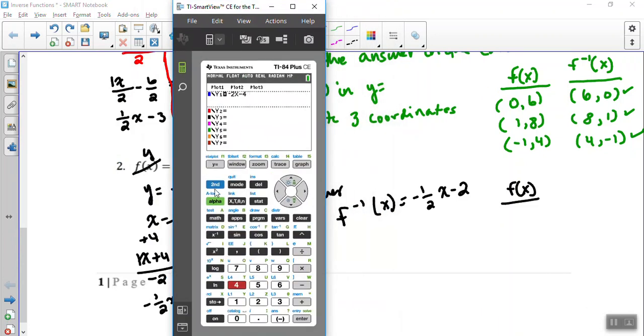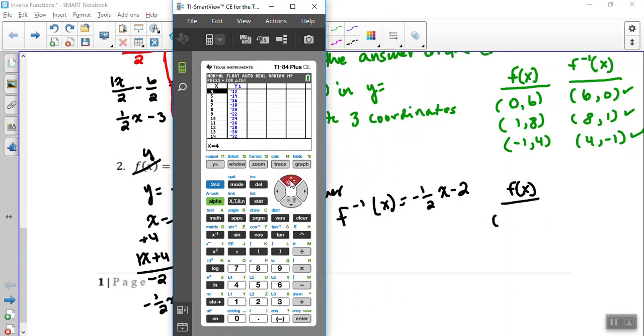And then I'm going to go to my table, and I'm just going to write down 3 coordinates. Now you can pick any 3, so I'm going to pick negative 2 goes to 0. Negative 1 goes to negative 2.